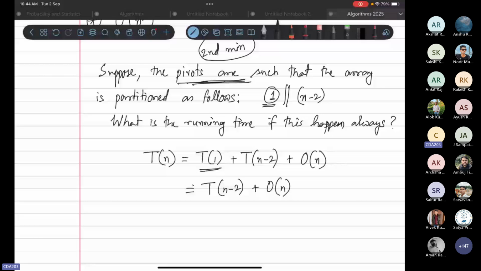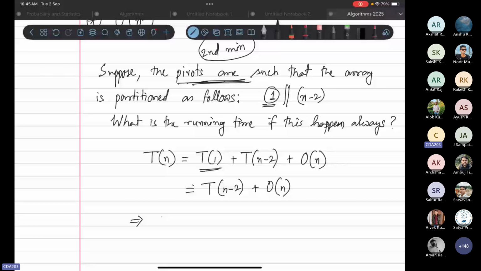Now, do you think the running time of this one, T n, if I solve this T n, are we going to get again n log n? It's done in the tutorial class. I mean, it's a similar thing done in the tutorial class.